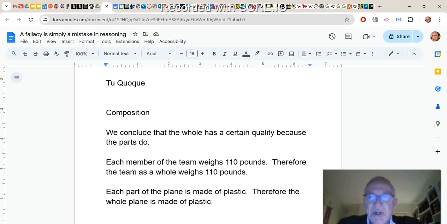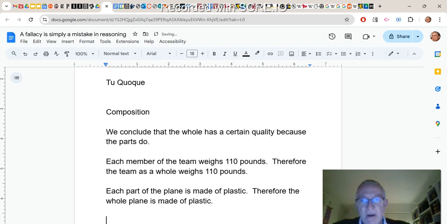So you can't determine that either one of these is a fallacy just by its form, because they have the same form. You determine that it's a fallacy because you understand the concepts involved. That is, individual weight is not something that transfers to the whole, whereas each part of the plane being made out of plastic actually does imply that the whole plane is made of plastic. So we have to understand the concepts, the vocabulary involved.